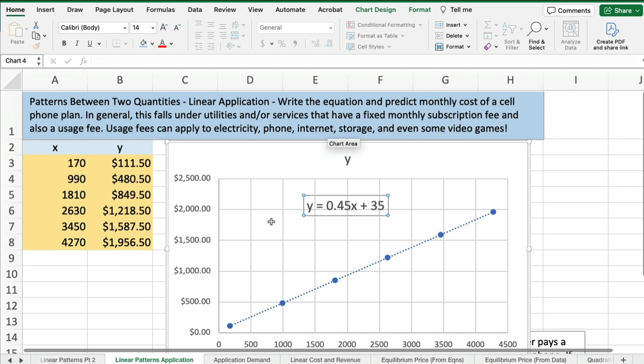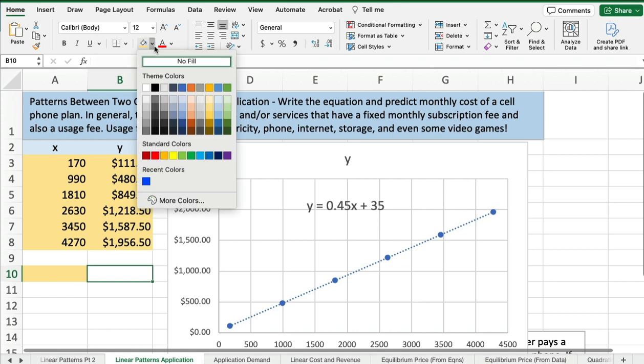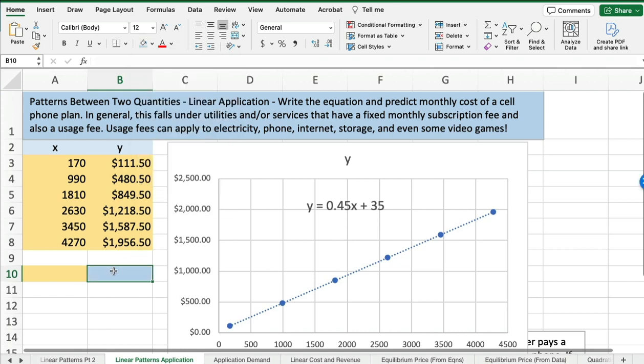So there's the equation. So I'm going to just skip a row over here, and I'm going to fill in a plain gold square. So that's going to allow me to put any value of x that I want. And then over here, I'm going to highlight this blue because I'm actually going to type in the equation.